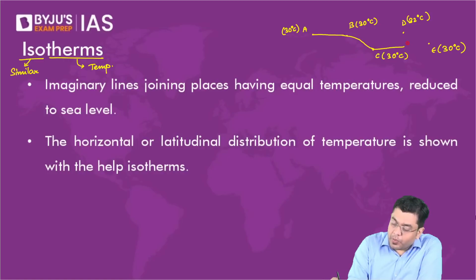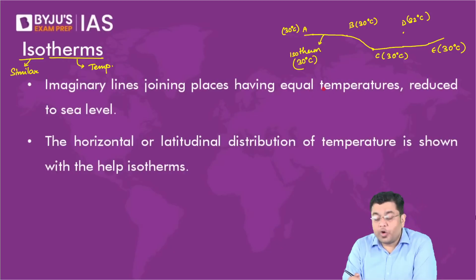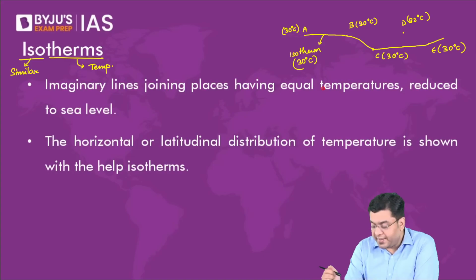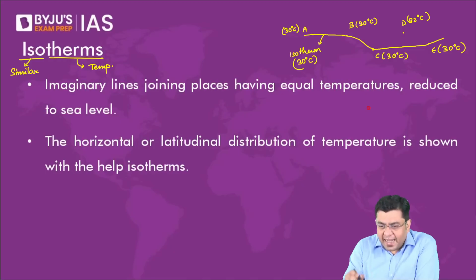that indicate equal temperature. This is what an isotherm is. It will also be referred to as a 30 degrees Celsius isotherm, because it joins all the places indicating 30 degrees Celsius. Now, can we say that any place lying on this isotherm will indicate 30 degrees Celsius? I hope that can be indicated, right?